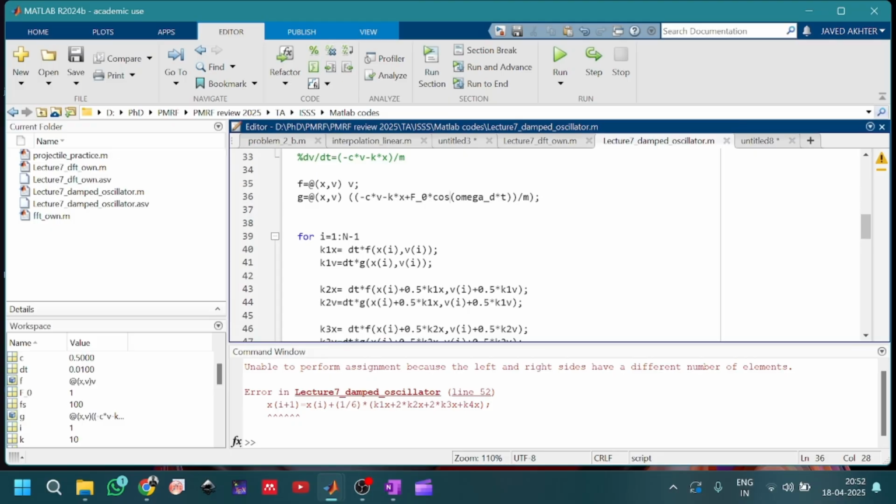Okay, since you are defining t here, maybe you have to pass t also, and you have to pass here ti. And for the next one, you have to write ti plus 0.5, that will be multiplied with dt.